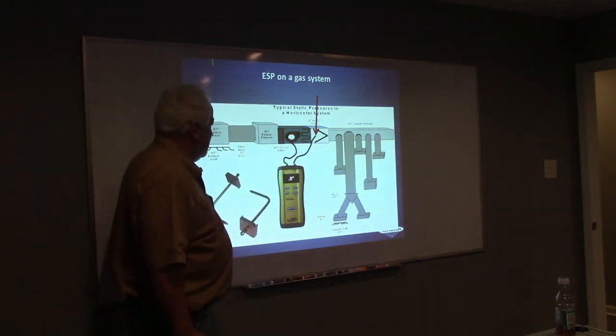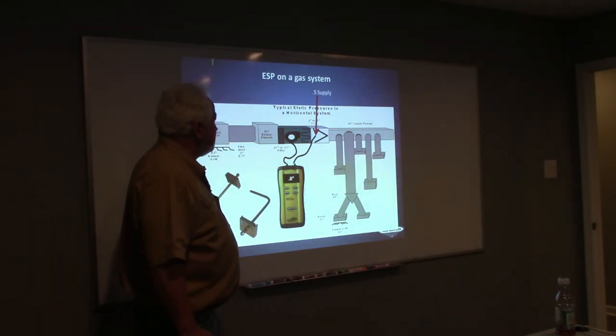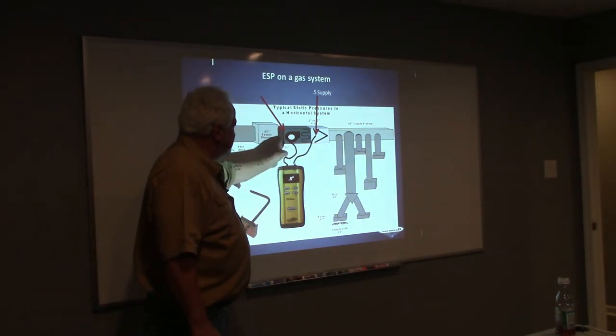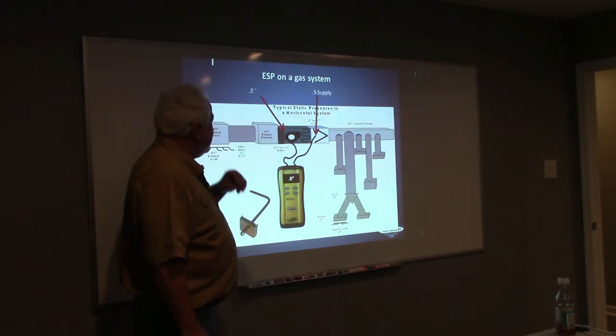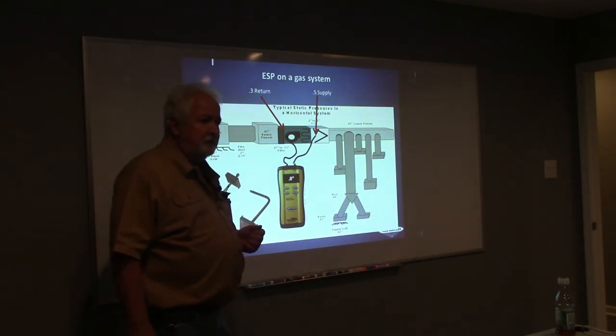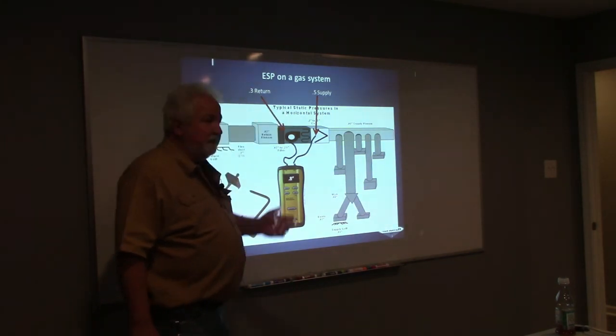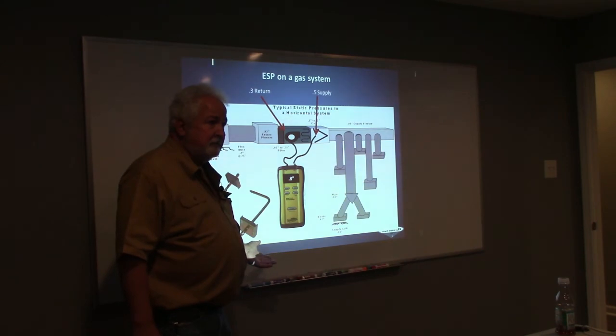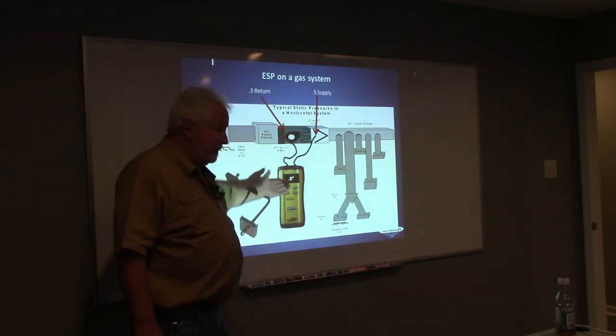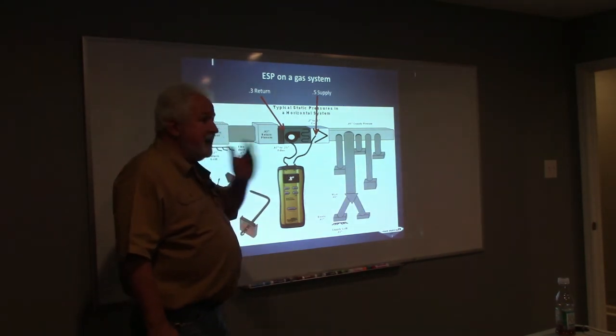Okay. So that's 0.5 on the supply, and I've measured right here, right at the blower, past the filter, and I have 0.3 on my return. 0.3 on the return, 0.5 on the supply is 0.8, right? Good.